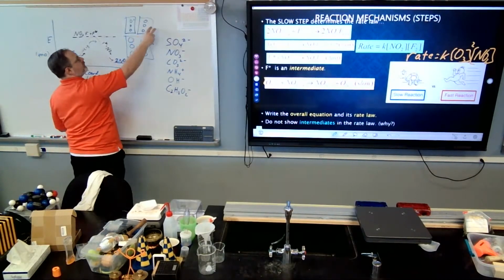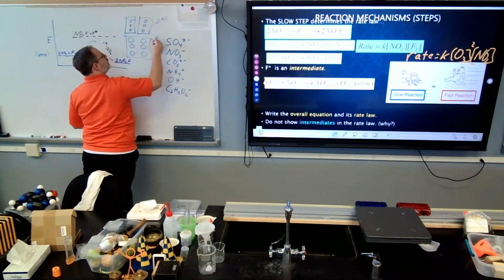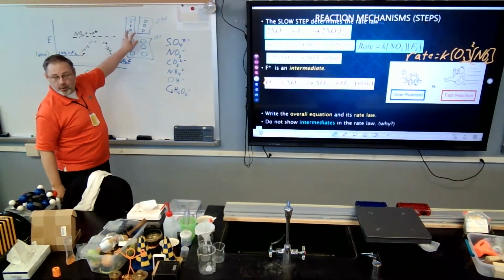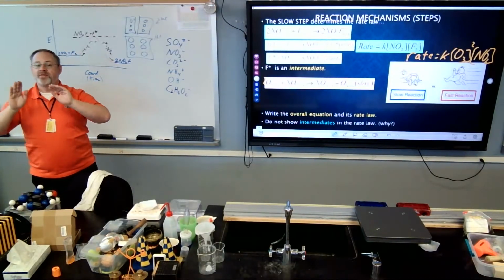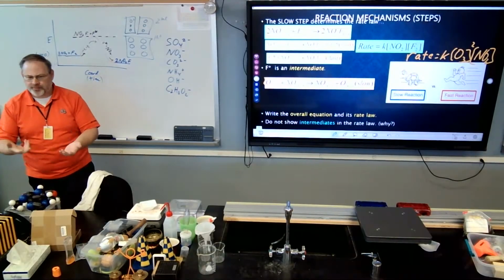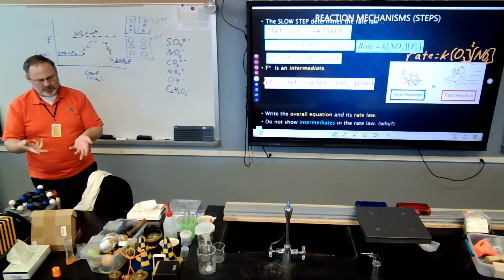So this is our reactant, this is our reactant. This would be second order, this would be first order. In other words, these both have to orient properly, which means they have a double effect on the rate, the rate law. Does that idea make sense?